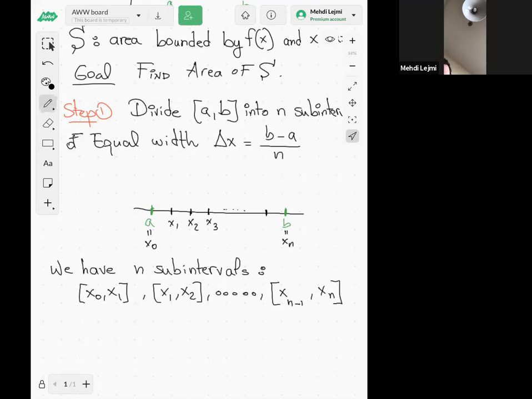Again, the x subscript 0, 1, 2, 3, etc. are just the endpoints of my subintervals.